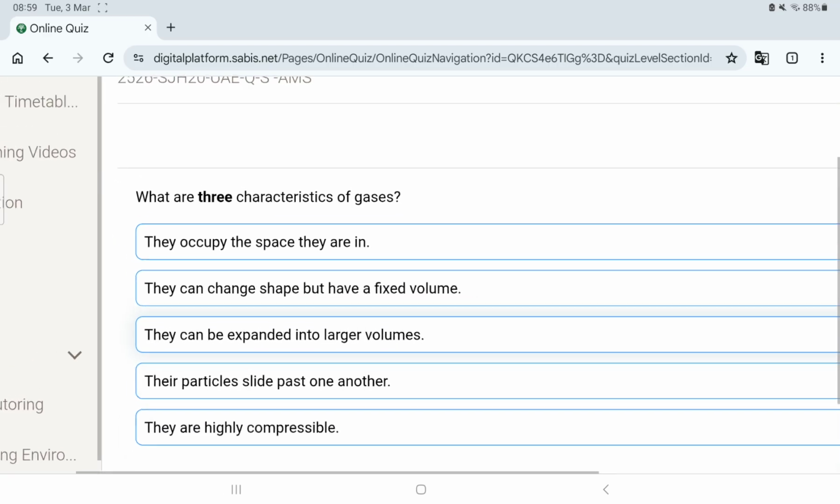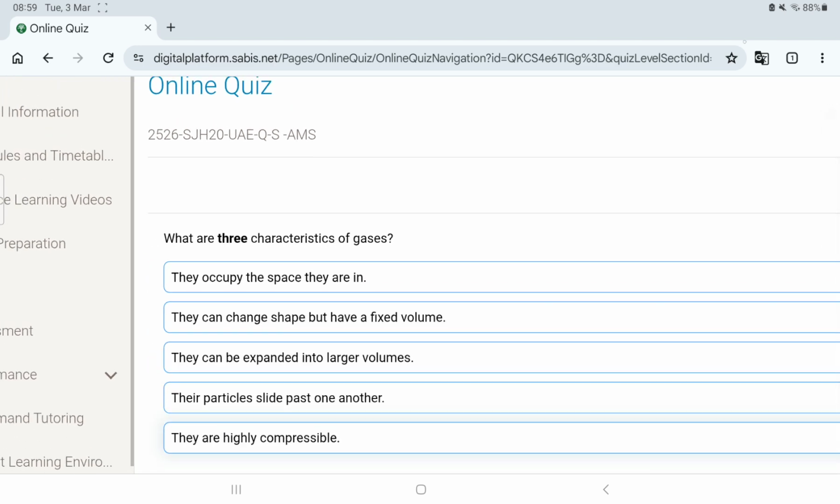What are 3 characteristics of gases? Now here, gases, their characteristics. Let us actually go through them one by one instead. They occupy the space they are in, correct? Why?